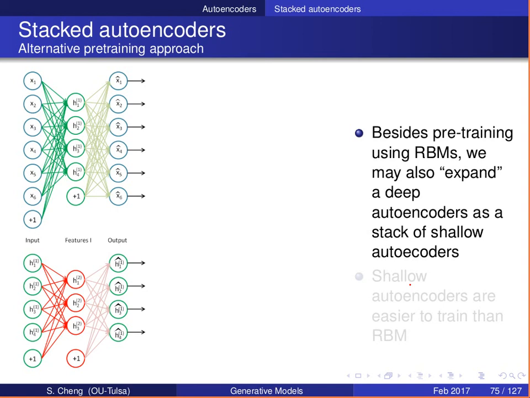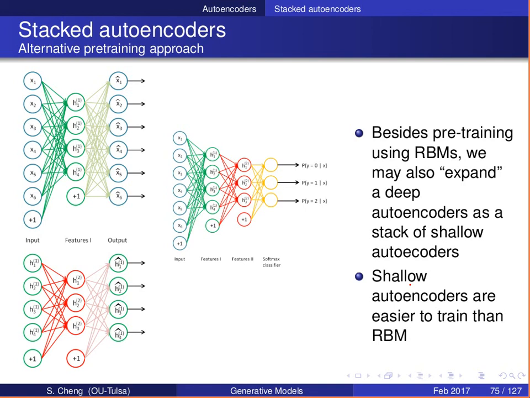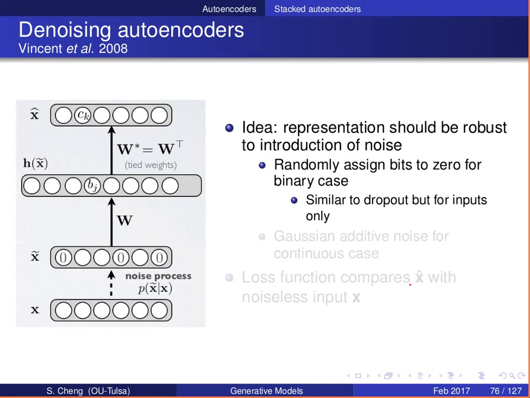They consider a deep autoencoder as a combination of several shallow autoencoders, and they train each shallow autoencoder. It turns out it's easier to train than RBM, and that was some interesting work at that time.